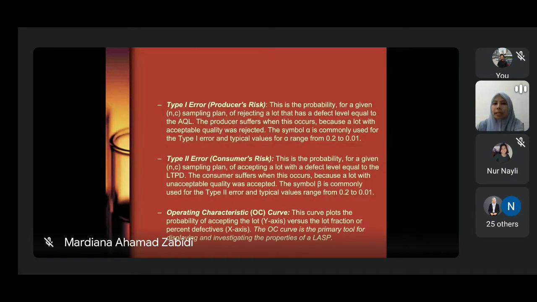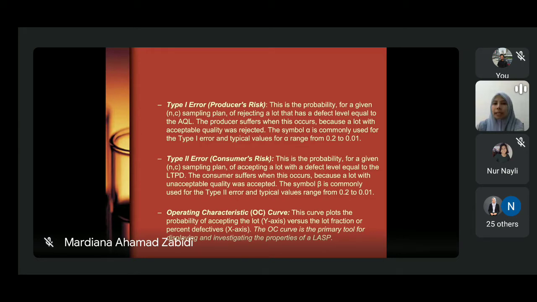Okay, so for type 1 error, this one belongs to the category of producer's risk, whereby this is the probability for a given number of samples as well as for the number of defective, in a sampling plan, of rejecting a lot that has a defect level equal to the acceptable quality level.